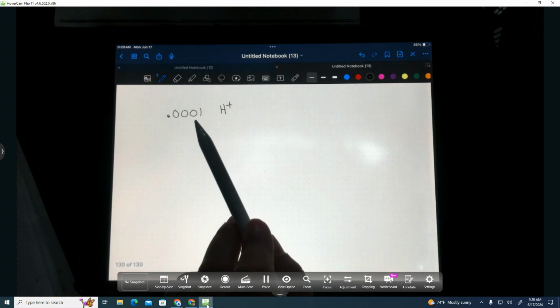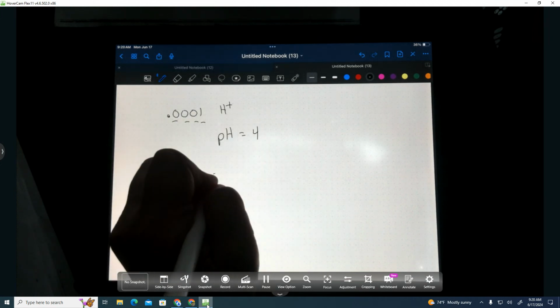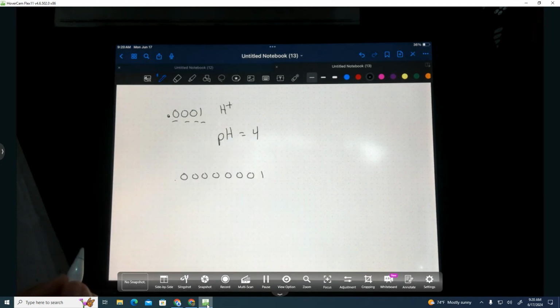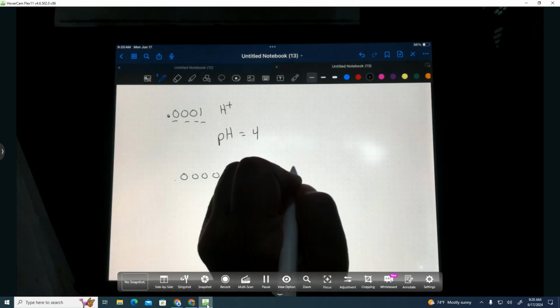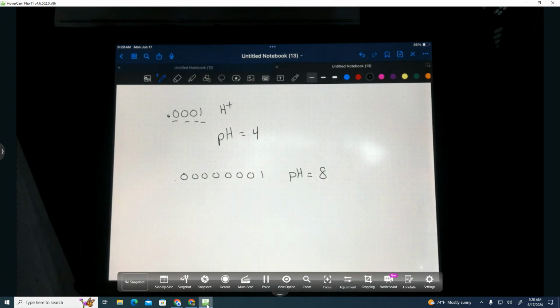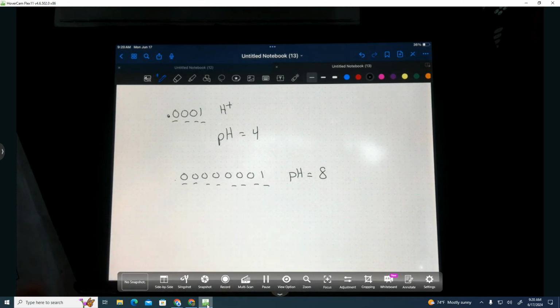Okay, let's go back to this. What would this pH be? No multiplying anything. How many decimal places do you have here? 4. pH of 4. 0.00000001. 1, 2, 3, 4, 5, 6, 7, 8.